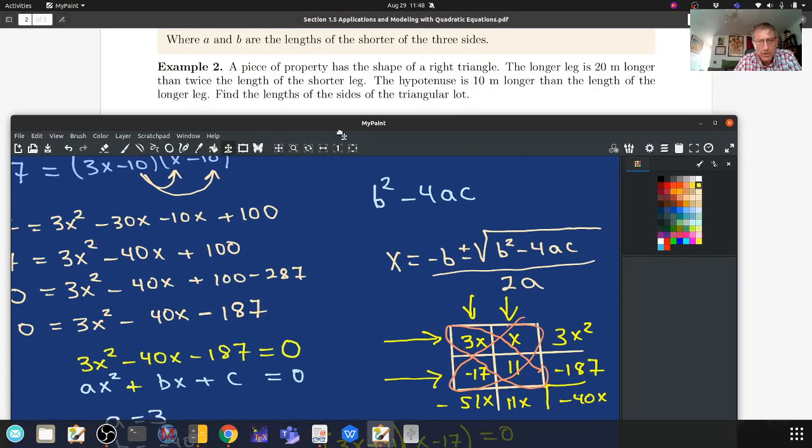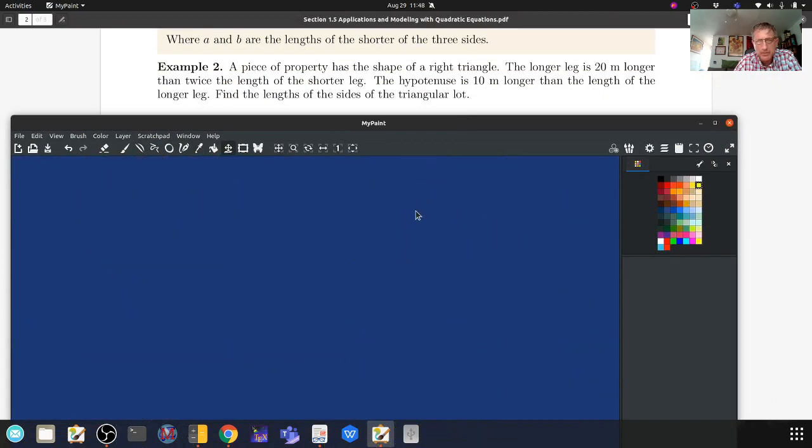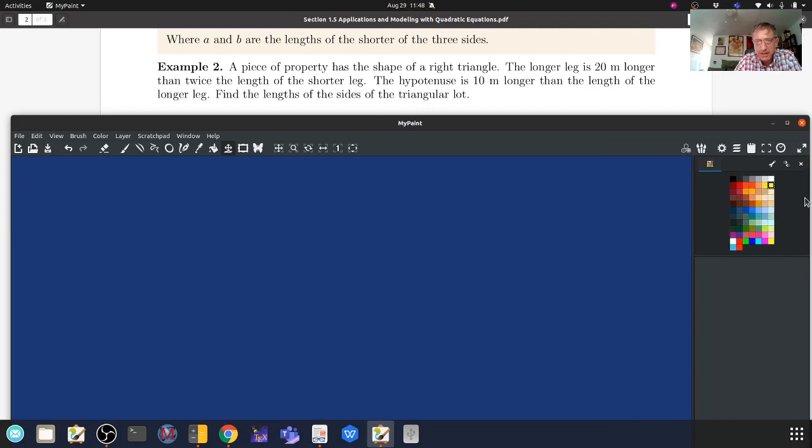So let's get ready to draw a picture. A piece of property has the shape of a right triangle. That's really convenient, so we'll draw just an arbitrary right triangle, and it doesn't have to be exact.